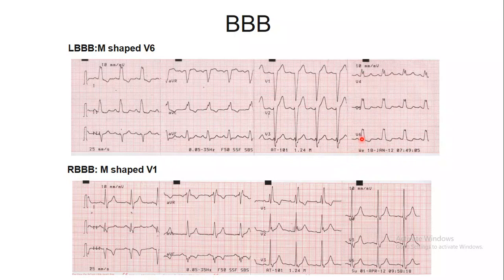For example, if the QRS complex is predominantly positive like V5 and V6 here, the ST segment and T wave will be in the opposite direction, depressed. And if we have a predominantly negative QRS complex like V1 and V2, the ST and T wave will be in the opposite direction. This point is very important in the diagnosis of ischemia in the presence of bundle branch block, as we will discuss in the coming slides.